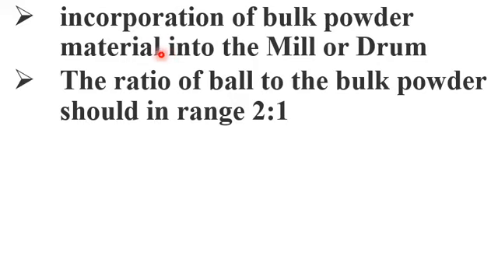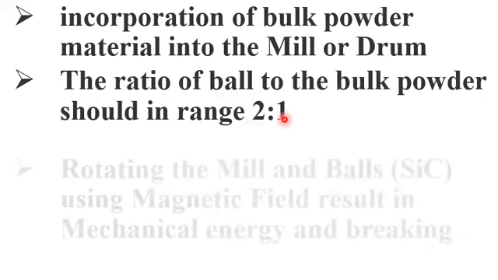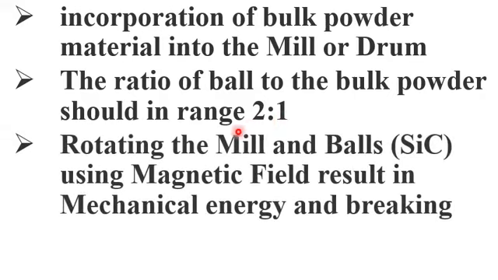In the second step, the balls are introduced in the ball milling apparatus, and the ratio of the balls to the incorporated powder is in the range 2:1. When the balls are introduced in a 2:1 ratio to the powder, then in the next step the rotation of the ball mill will start.